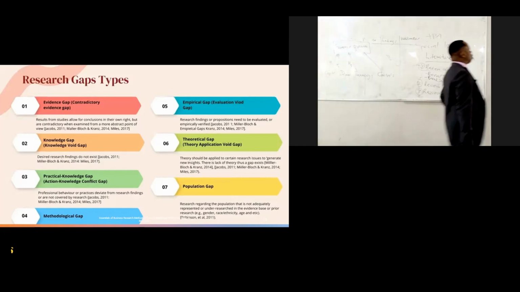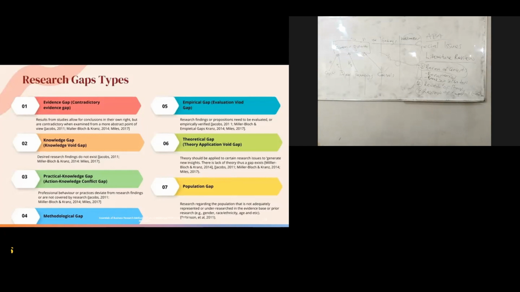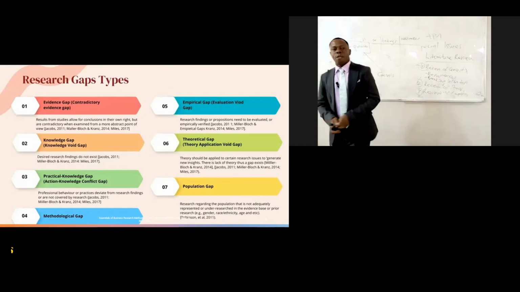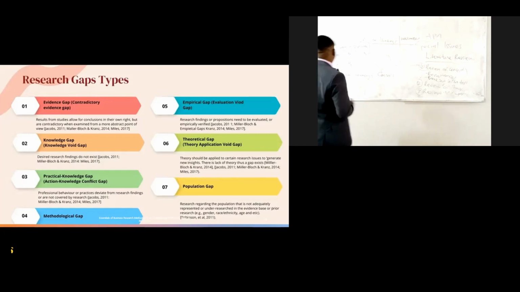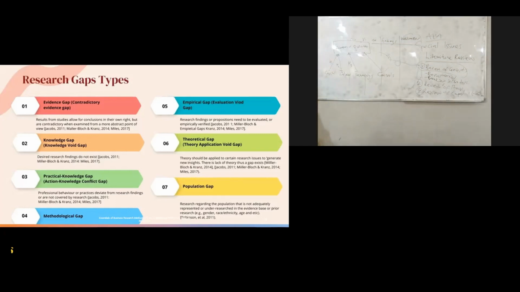Number 1 is what we call the evidence gap, or contradictory evidence gap. Here, what you do is that you say, while some researchers have found that capital promotes economic growth, others have found that capital does not promote economic growth. The question is, why is there contradiction in the findings?